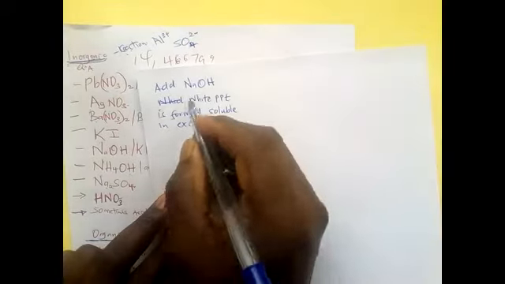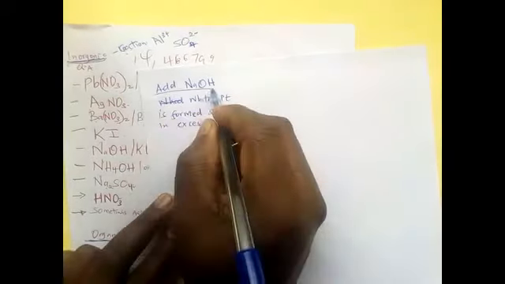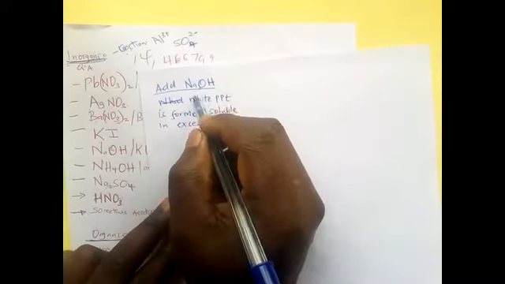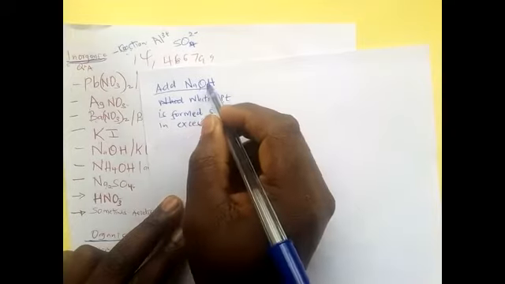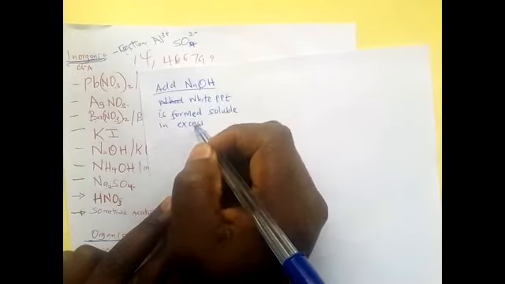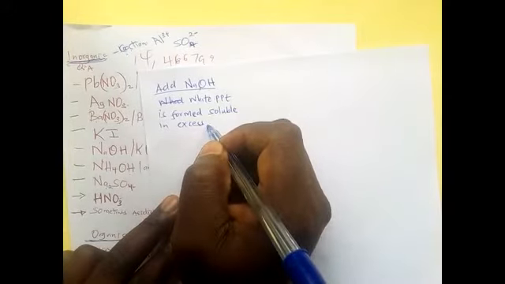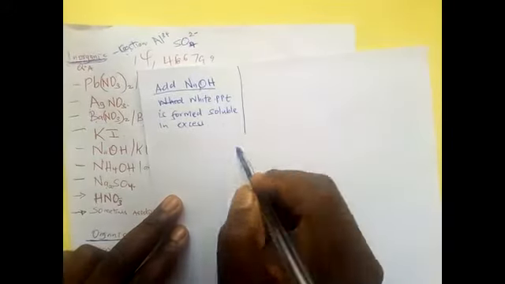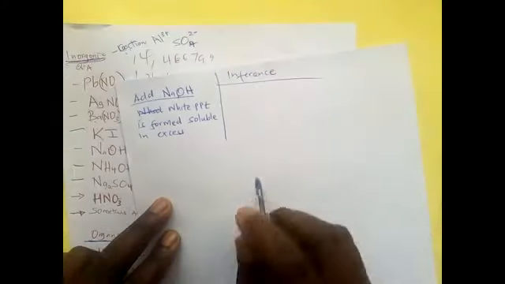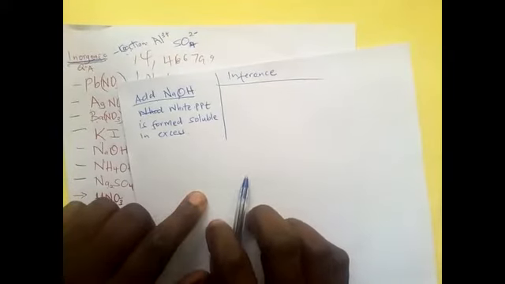So if that happens, if you are adding 2 drops of sodium hydroxide, and a white precipitate is formed, once you add in excess, the white precipitate dissolves to form a colorless solution. Then it means that the inference is that the amphoteric ions are there.